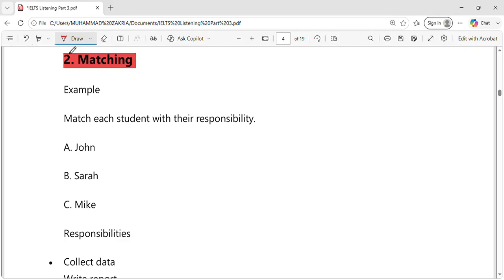You just remember that these question types come in listening part 3. Firstly, we introduce part 1, part 2, part 3, part 4. Then we discuss the 40 question types. In each lecture we discuss 2 question types. That's for later.